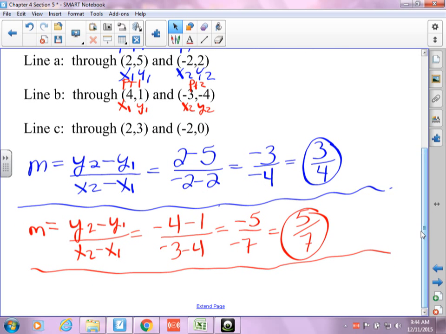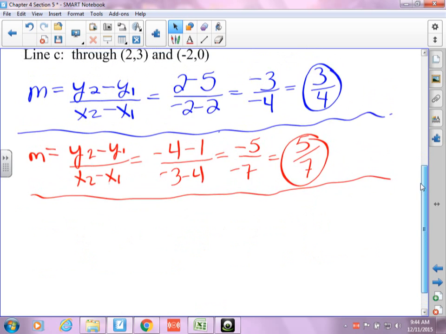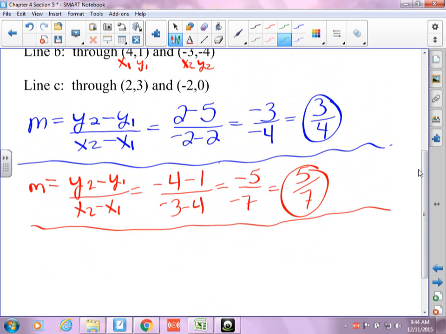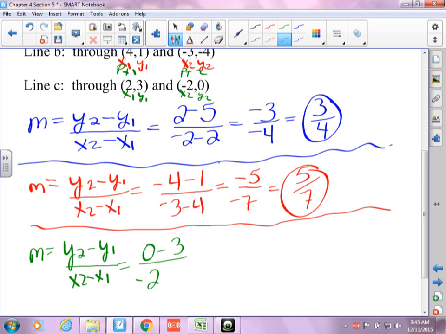All right, let's go to the next one. You know it's going to be equal to something. We just got to figure that out. Okay, so I've got point 1, point 2. Okay, y2 is 0 minus, over, which is, okay?